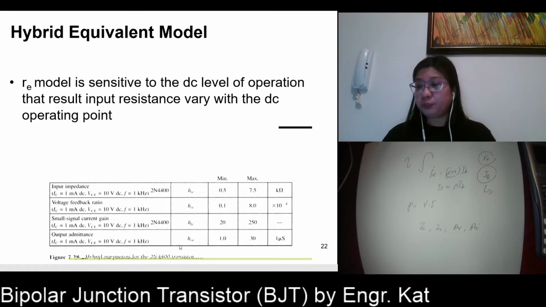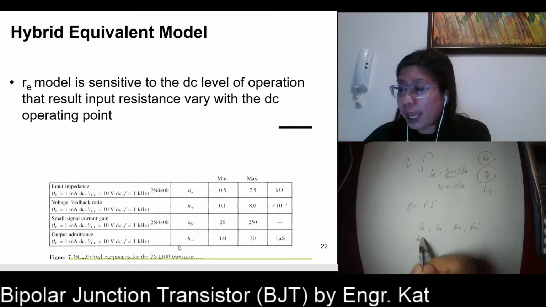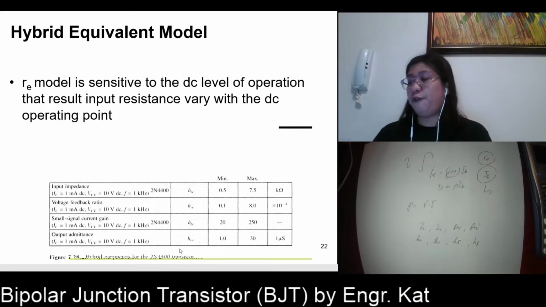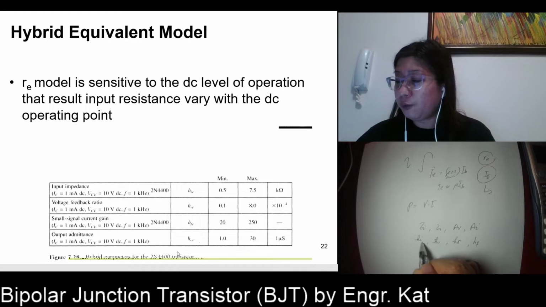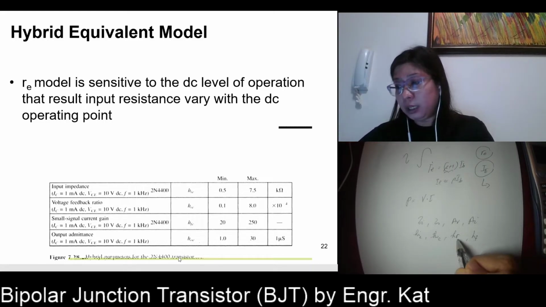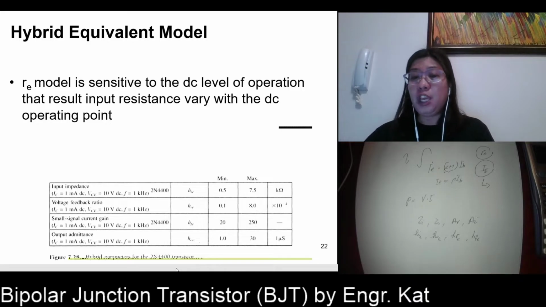So we have your HI, your HO, your HR, and your HF. For common emitter configuration, we call these HIE, HOE, HRE, and HFE.